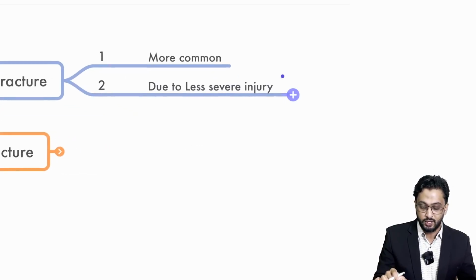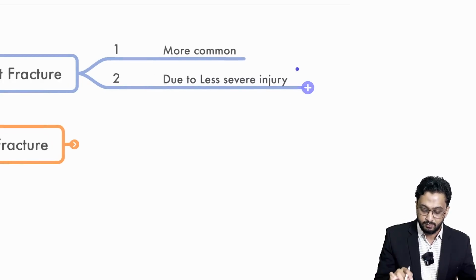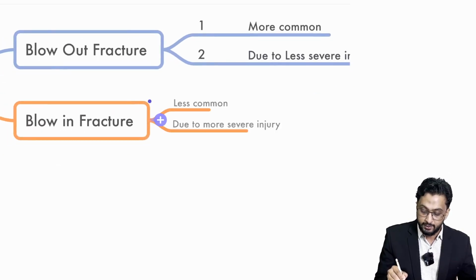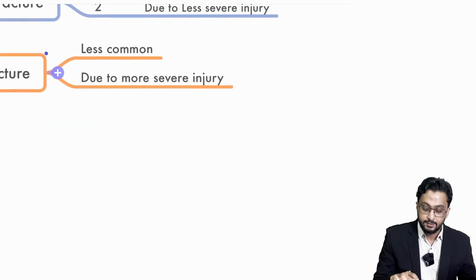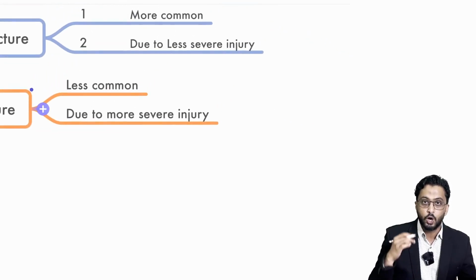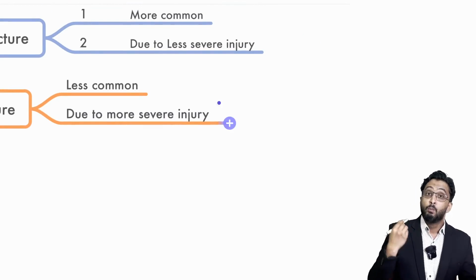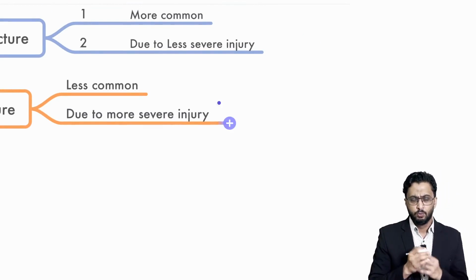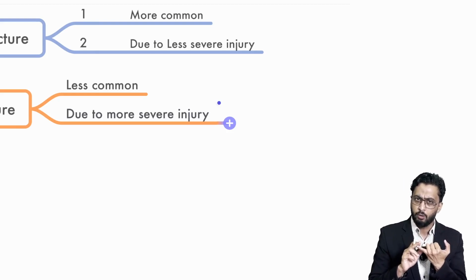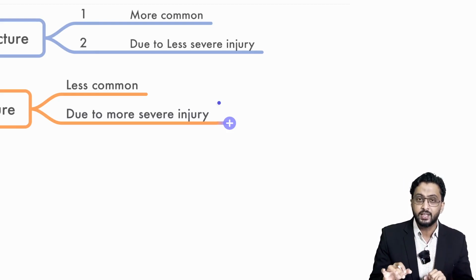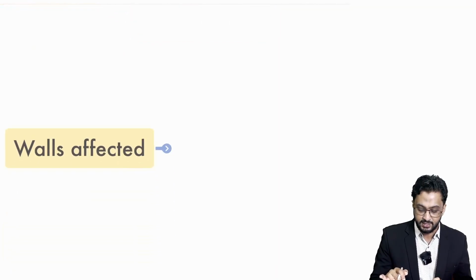Whereas blow-in fracture is less common, and it is due to more severe injury, understandably. More severe injury of the orbit is less common. As a result, blow-in fractures are less common. So this is just general understanding.